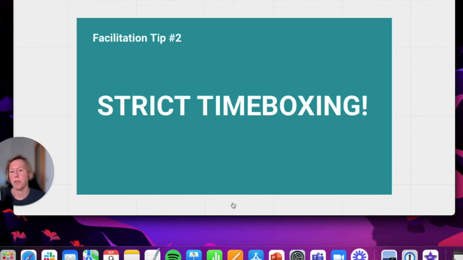So to not overthink ideas and to just go with the flow. Of course, as I said before, you can play around with time boxing a little bit, adding a buffer here and there, especially if people need to switch rooms or go together in groups, and to account for that. But still, be strict on the time boxing.